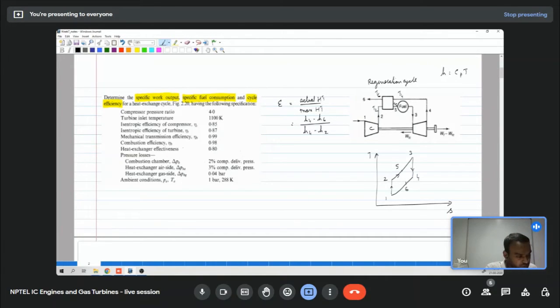And because of this we know T4 is greater than T6, and T6 is greater than T2, but here it is not seen in the plot. The TS diagram has to be plotted correctly.